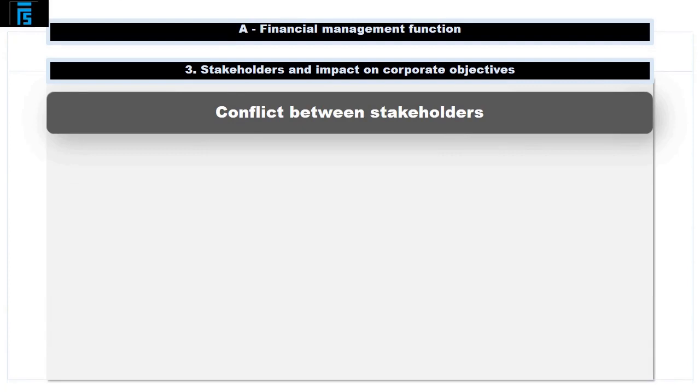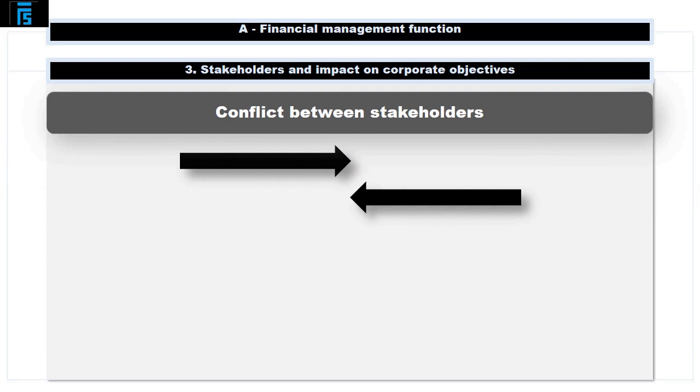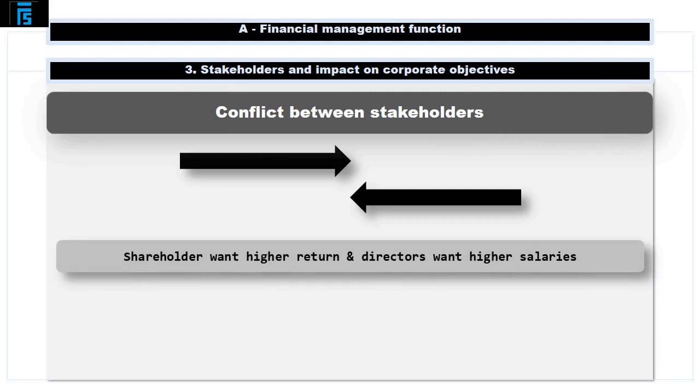There can be conflict between the stakeholders of an organization because their objectives can be competing, and it is not possible to meet all the stakeholders' objectives. For example, between shareholders and directors, shareholders want to maximize their investment and may not agree with the directors' methods or their salaries, which are often decided by an independent remuneration committee.